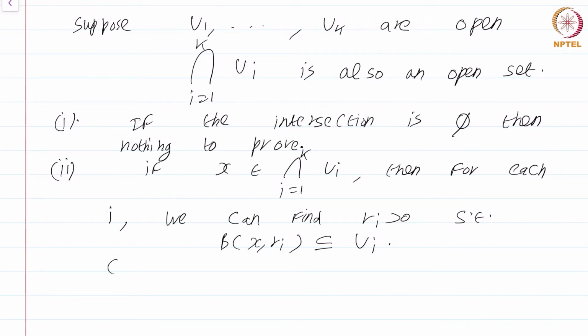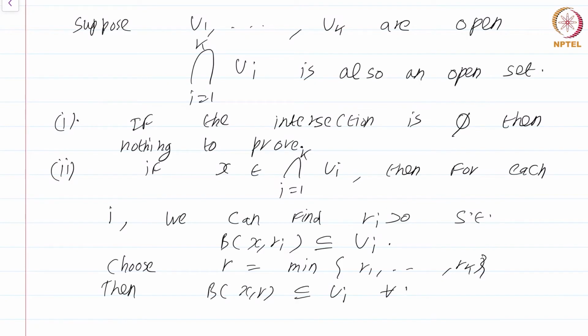Okay, choose, as you can guess, r equal to the minimum of r1 to rk. Then B(X, r) is contained in ui for all i, because it is the smallest of the ri's.